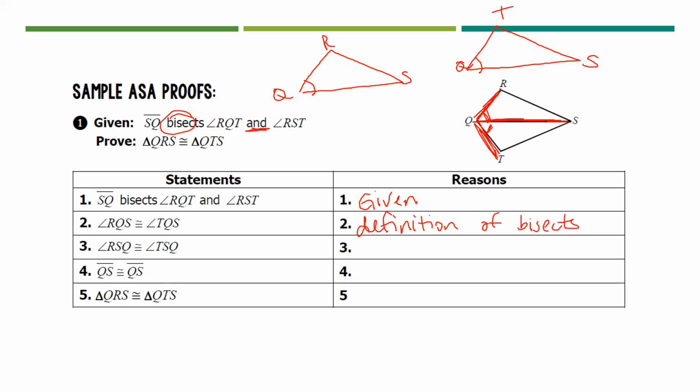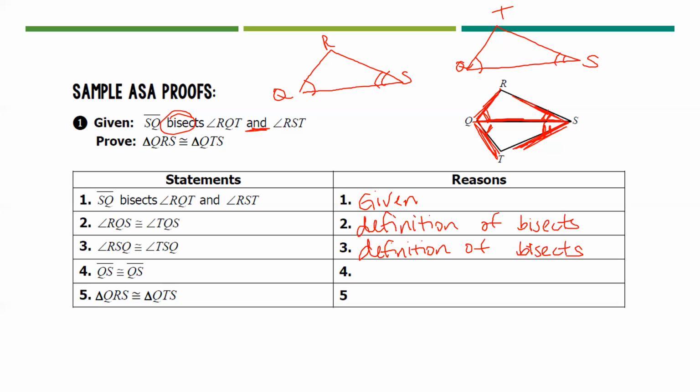But it also says that SQ bisects angle RST, that's over here. So that means these 2 angles have to be congruent. So I'll mark that in my picture. And that's exactly what it's saying here in step 3. So that's the definition of an angle bisector again. Since it bisected 2 angles, probably going to have to use that definition twice.